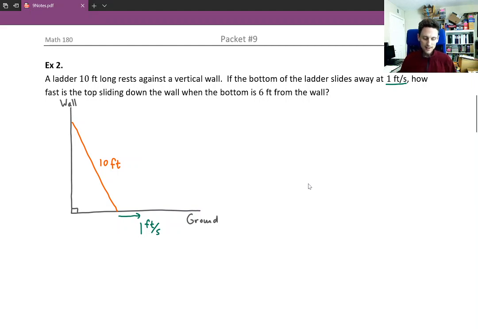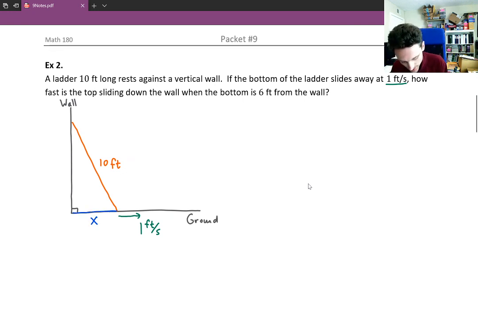Now we have to have a variable here to talk about what exactly is increasing by 1 foot per second, and it's really that distance between the wall and the bottom of the ladder that's increasing by 1 foot per second.